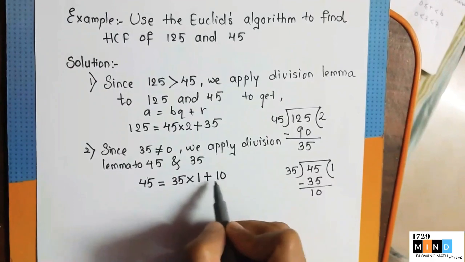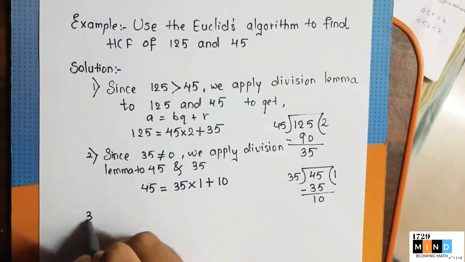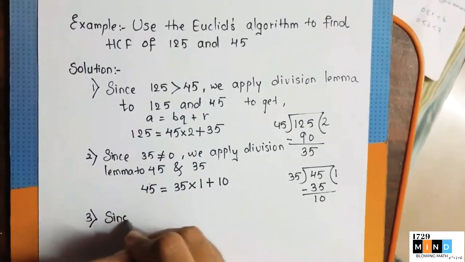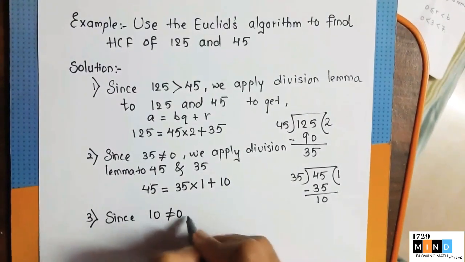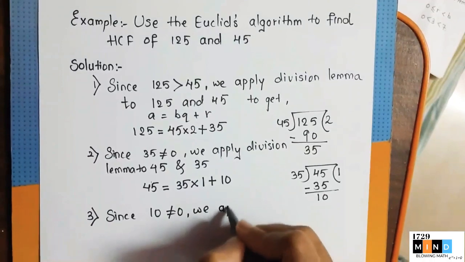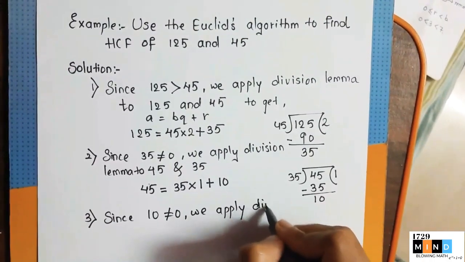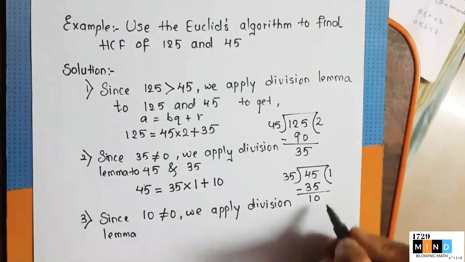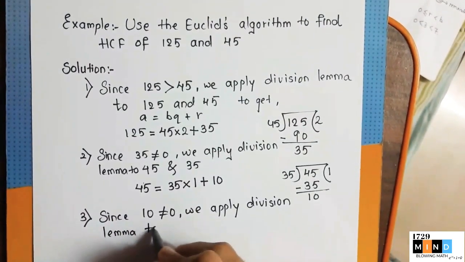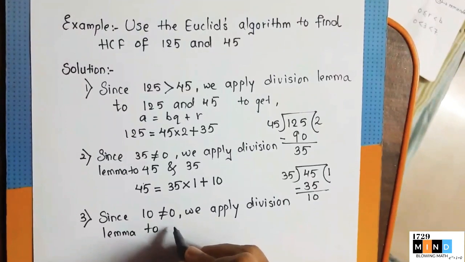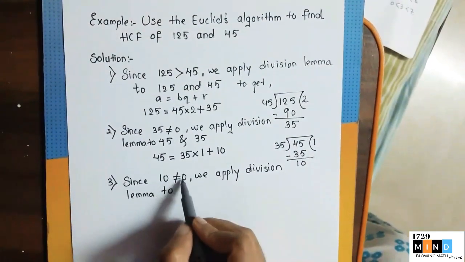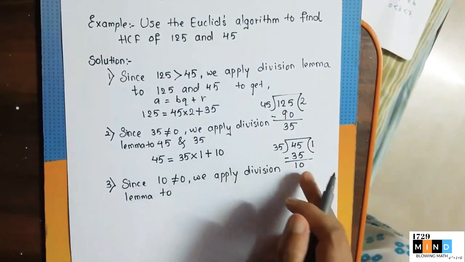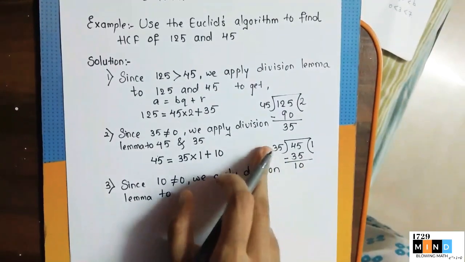Again look here, 10 is not equal to 0. Then we go on to the third step. Same step we are going to apply. Since 10 is not equal to 0, again we apply division lemma to our new remainder and the new divisor.